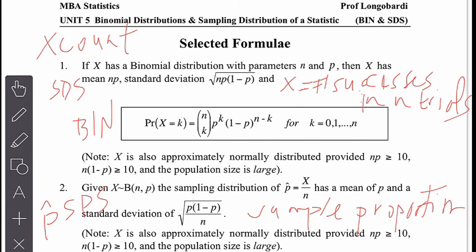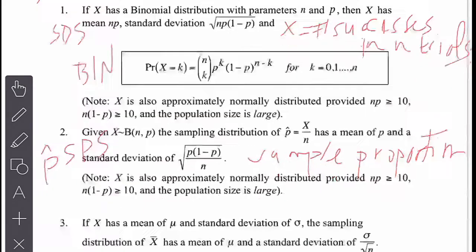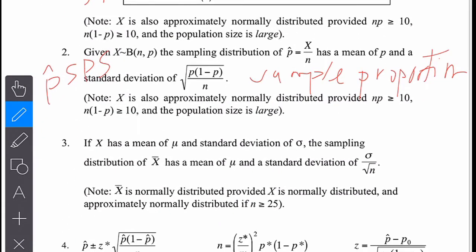The third point is about x bar. It's about the sample mean. And this is the information on the sampling distribution of the sample mean. What you need for that is to know the mean and standard deviation, the parameters.